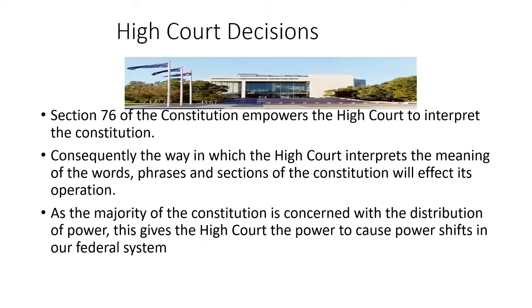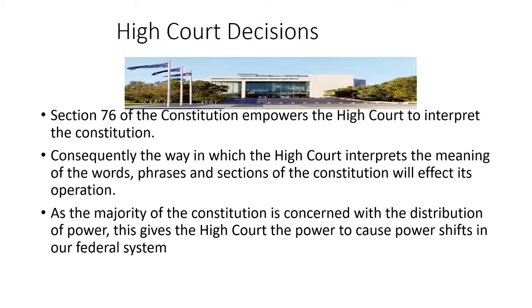Now, apart from the money, the other big reason why the power has shifted in favour of the federal government over the last century and a bit is the High Court, and through their interpretation of the words that exist in the Constitution. As you should know, the Constitution essentially is a distribution of power.